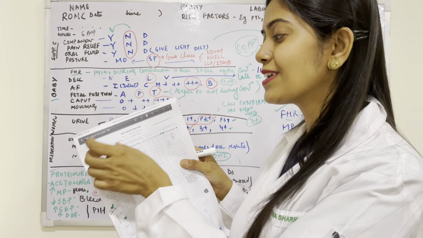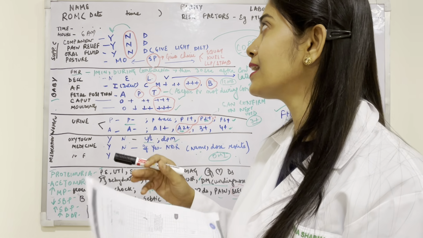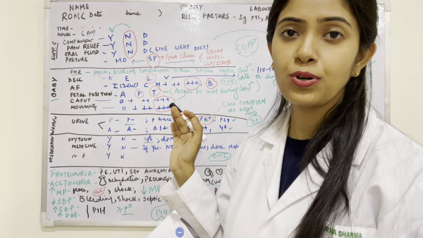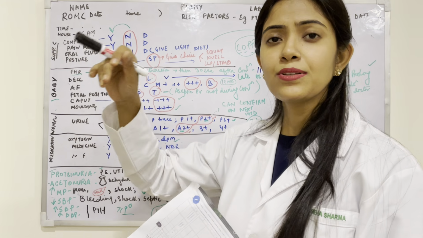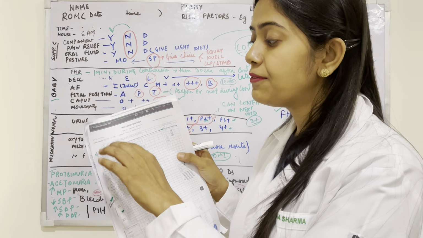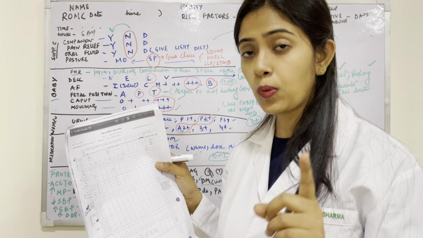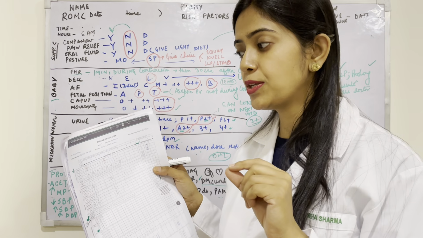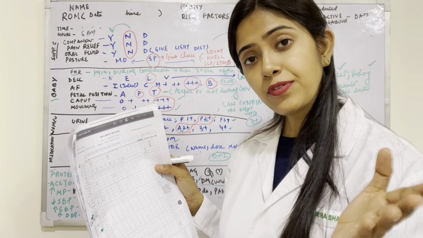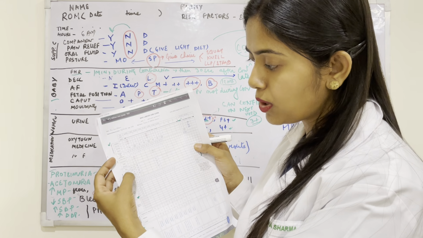Since it covers a very small section, that doesn't mean that you don't need to fill it up. So that is why I have been trying to impress upon its importance. Next, we come on to the time. Now this is very simple. Every column in the time section corresponds to 1 hour, and for those findings which have to be mentioned every 30 minutes in the first stage of labor, you have sub-columns.